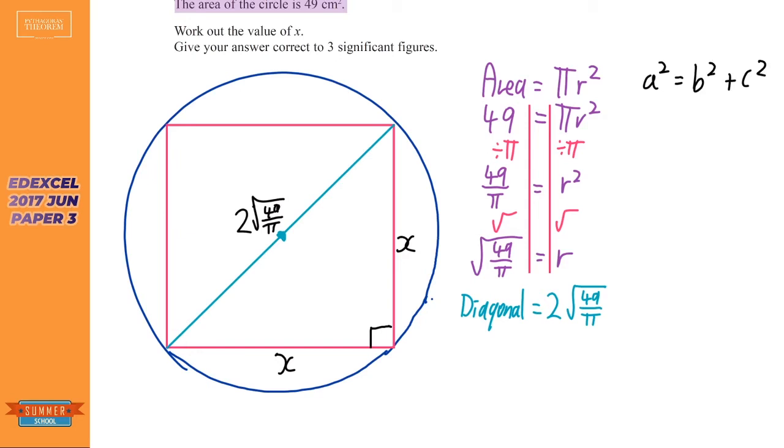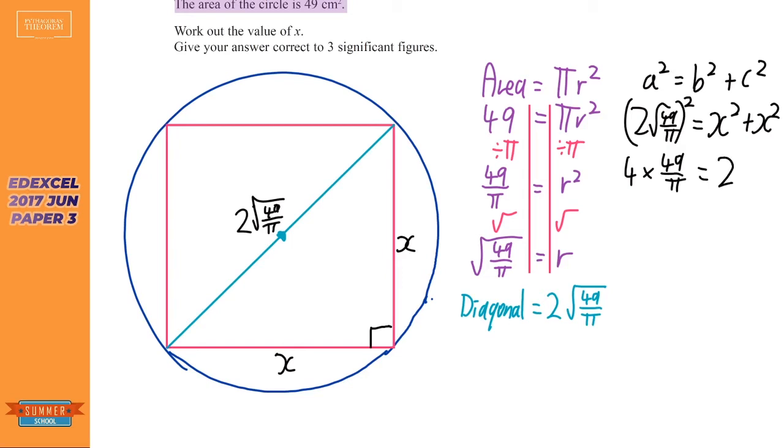A is the 2 root 49 over pi, and we're squaring all of that. And b and c are just x, so it's x squared plus x squared. Simple as that. So when we square this bracket, as we learnt from the previous question, we square this and we square this. And you could do it all in the calculator. Obviously it's over pi. And we've got 2x squared there.